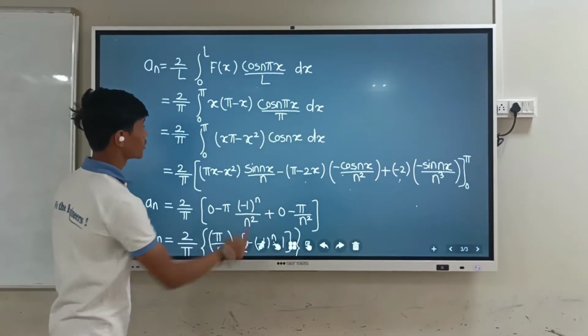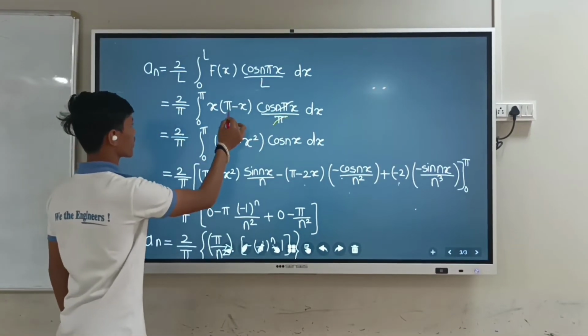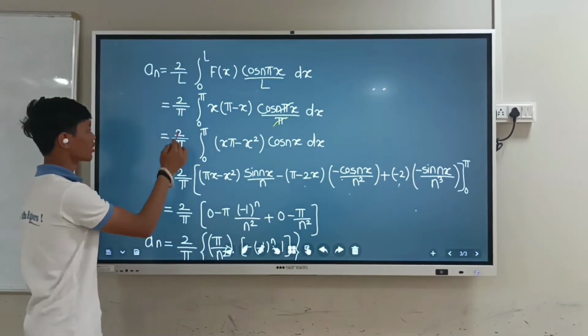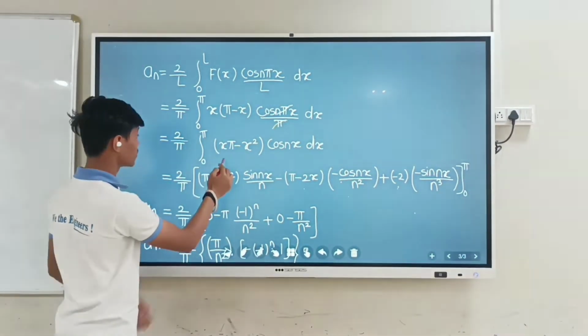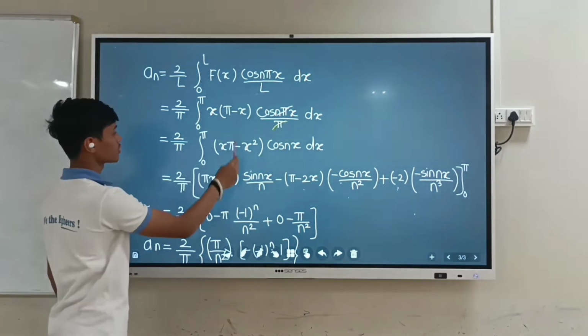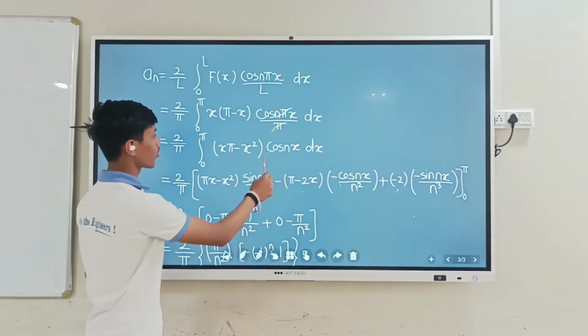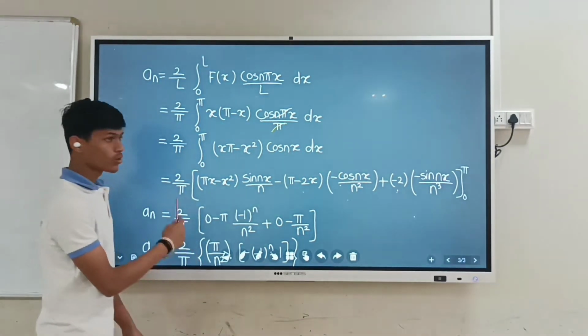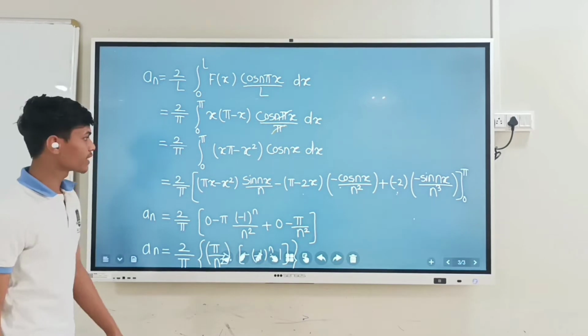This pi and this pi will get cancelled, and this x will multiply with this whole bracket. The equation becomes 2 upon pi, limit varies from 0 to pi, this x multiplies this bracket, this becomes x into pi, x into x becomes x squared, and this pi will get cancelled, this becomes cos nx with respect to dx. Now we have to solve this integration by parts.